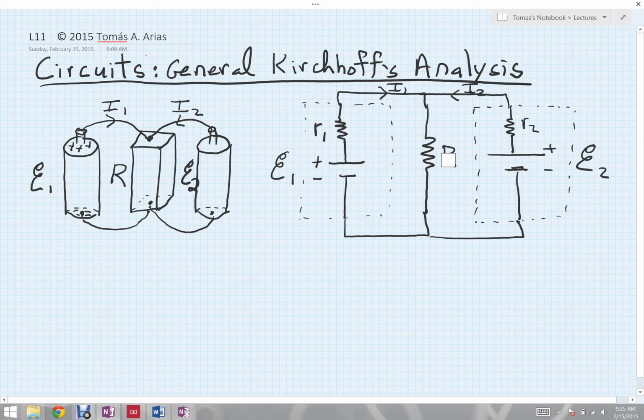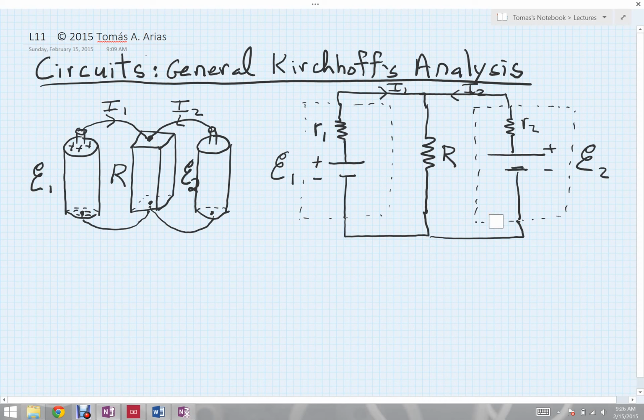Now, if you start to think about applying Kirchhoff's two laws, what we would do is look at the junction rule. There's a whole series of various different junctions here that we could begin to analyze. Particularly this junction here looks very important, as well as this junction down there. There are other junctions between the resistors and the batteries, so we could write down a large number of equations for those junctions.